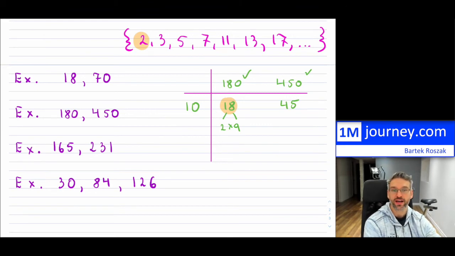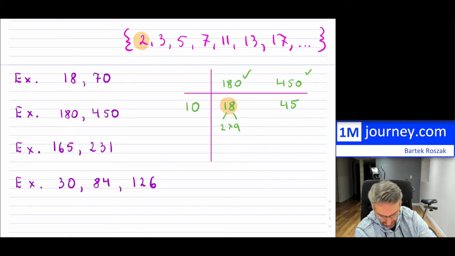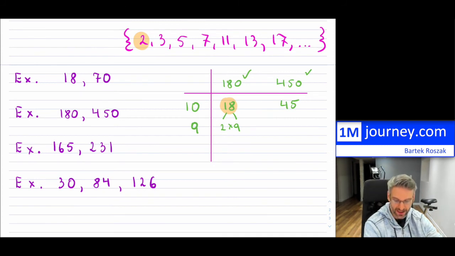And now what I notice is, oh, wait a minute, 9 goes into 18, but it also goes into 45. So if it goes into 45 and 18, that means I can now take the 9, and it's going to break down my 18, leaving me a 2, and then 9 into 45 is going to leave me a 5.